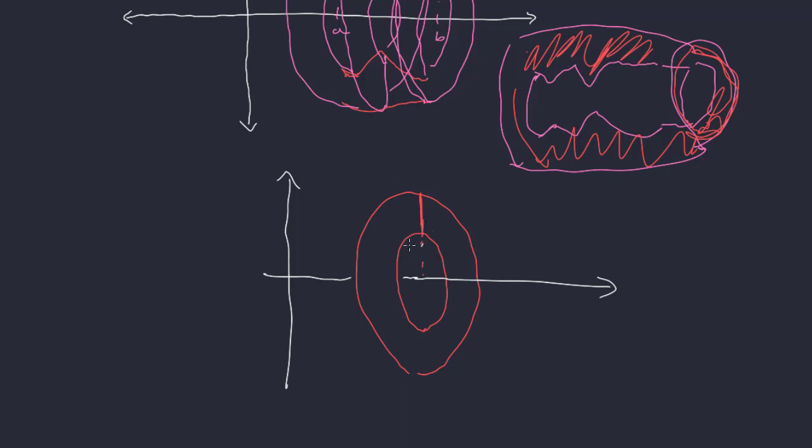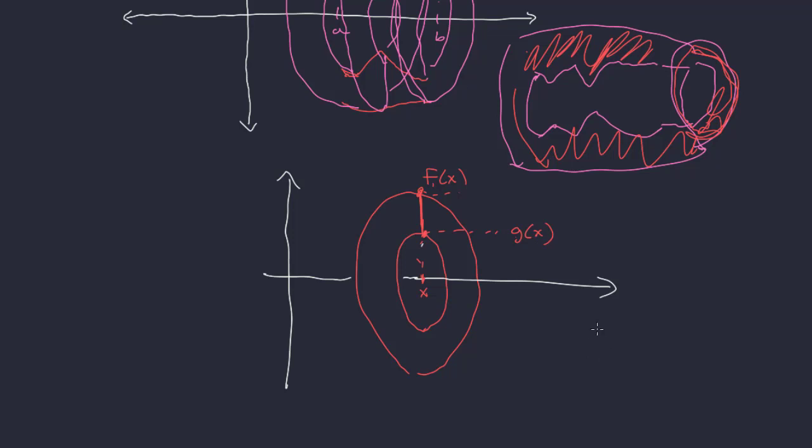So instead of a circle with radius given by f of x for any x, now it's a washer with inner radius g of x and outer radius f of x.